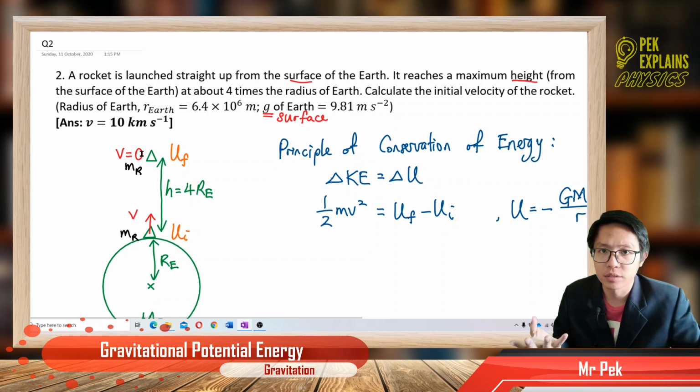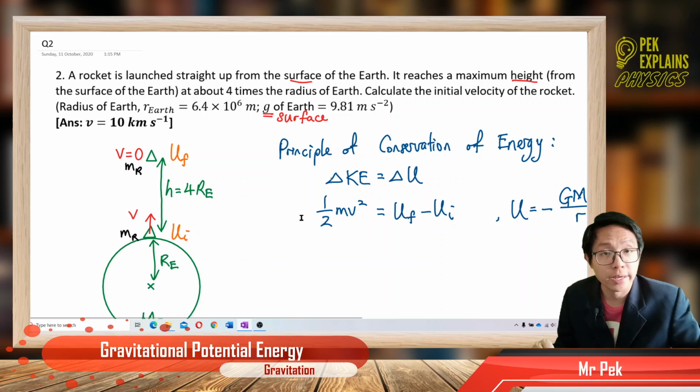When there is no more kinetic energy, it is at the maximum height. Velocity is 0. So we use the principle of conservation of energy: the change of kinetic energy becomes the potential energy.